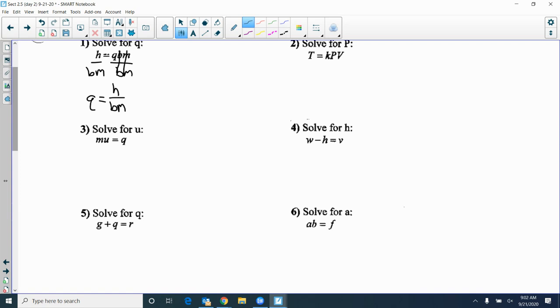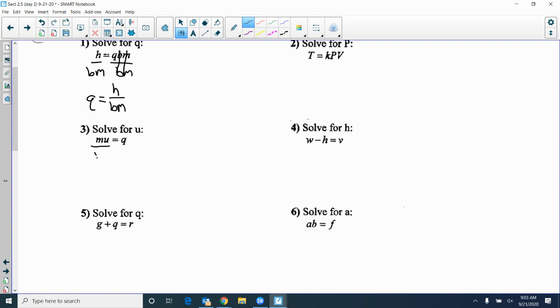All right, so I want to solve for the letter U. What operation is being completed between the M and the U? Why are those things smashed together like that? They're being multiplied. So the opposite of multiply is what? Division. So what am I going to divide by if I'm solving for U?